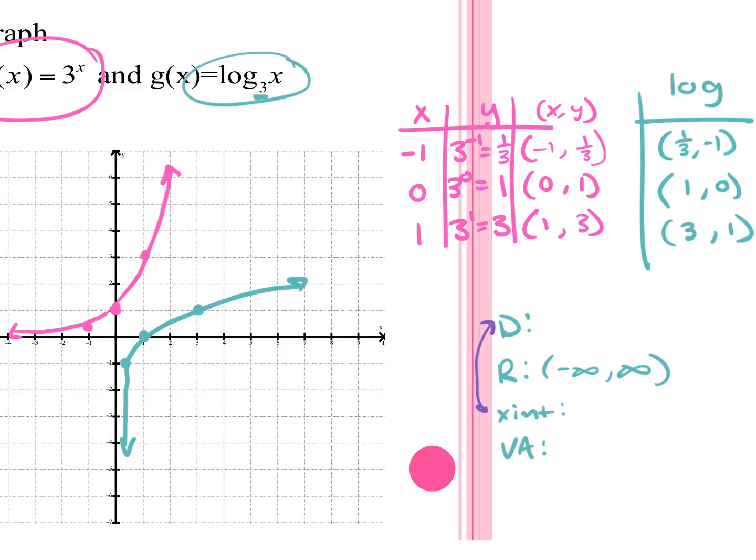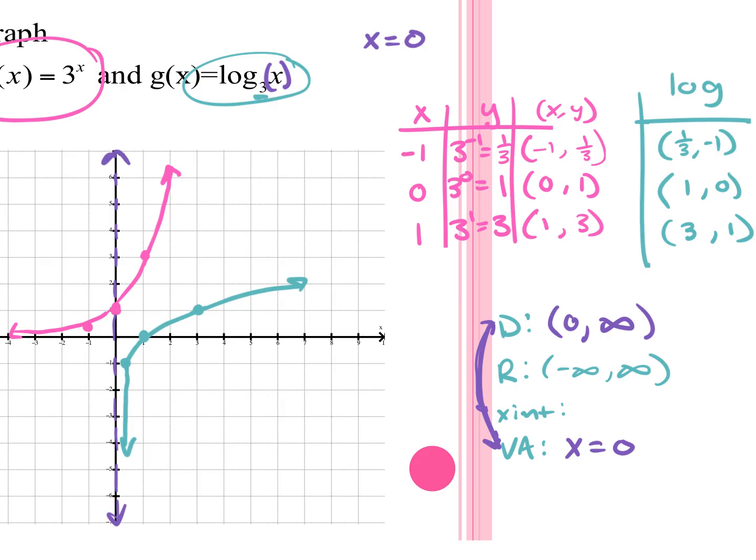We set the parentheses equal to 0. Here we don't have parentheses because it's just x. We would just say x equals 0. Our vertical asymptote would be x equals 0, and domain would be from 0 to infinity. So there is our vertical asymptote at 0.